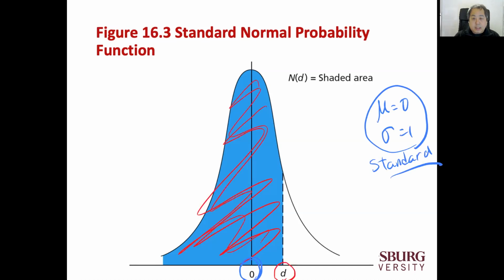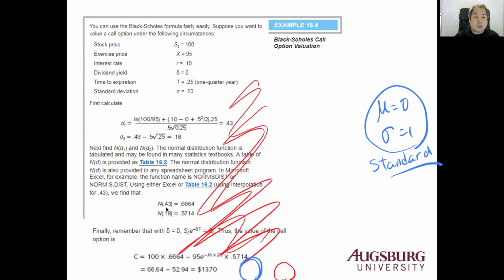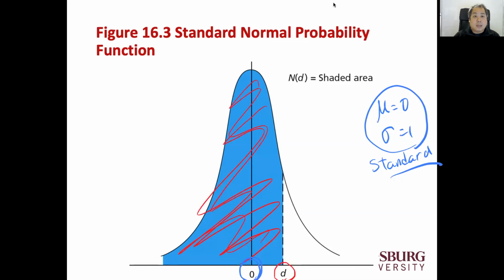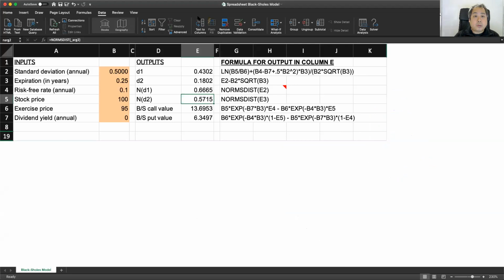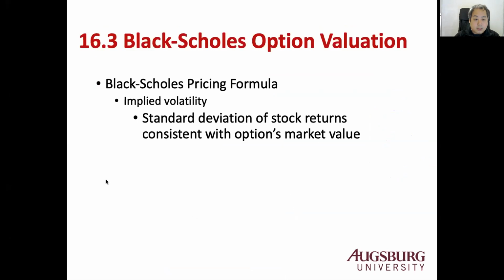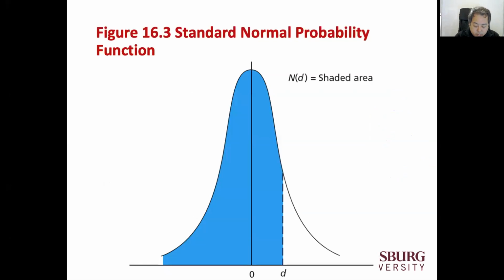And this is like the D that we calculated here. With our calculation, the D is 0.43 something, and our Excel spreadsheet shows more detail: 0.4302. So we can use this one.